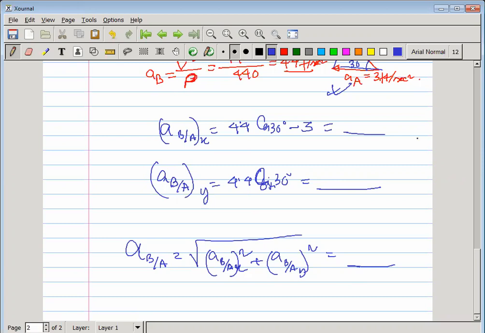How much is it? Please tell me how much it is. 4.4 cos 30 minus 3.